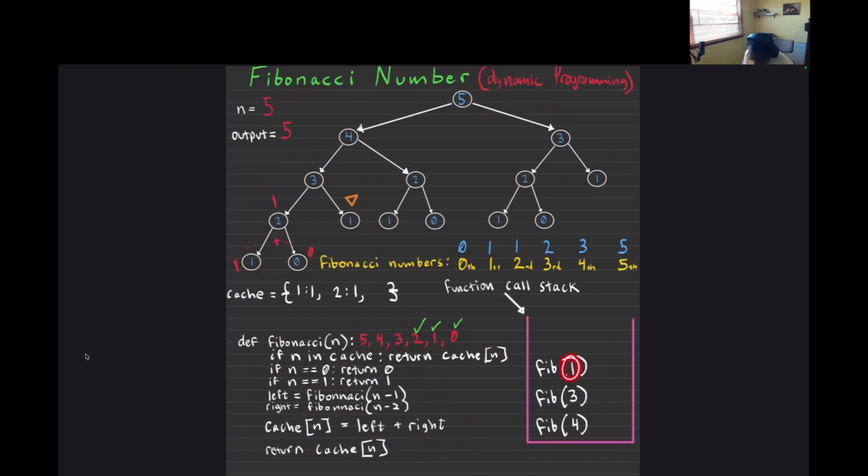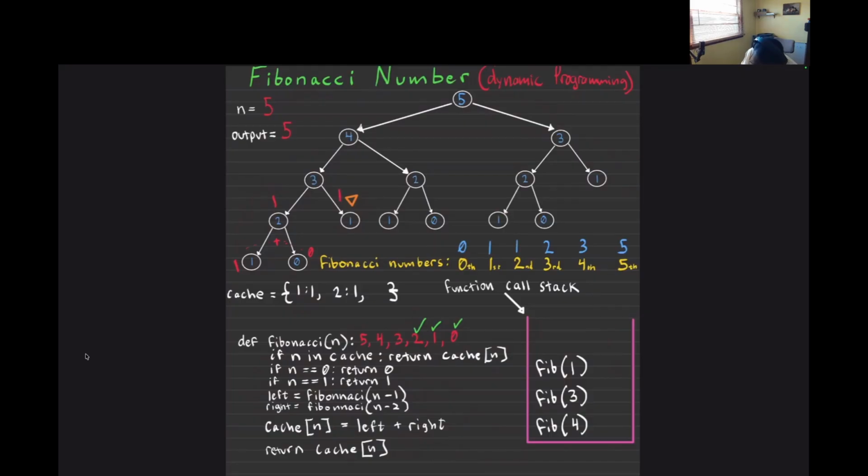This 1 of 1, is that in the cache? It is, okay? So we return cache of n, which is 1, right? Cache of 1 gives us the value 1, okay? So we don't have to do extra work here anymore, okay? So we immediately see it's in the cache, so we return it, which gives us a 1 here, okay?